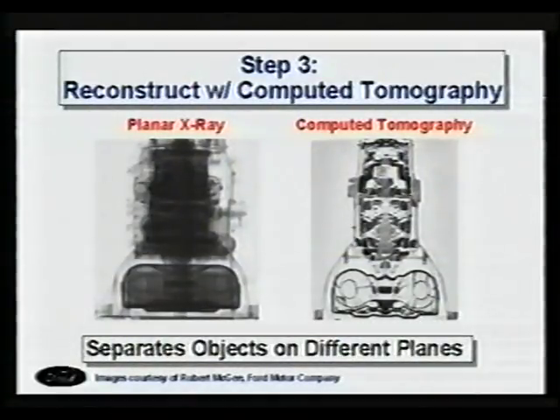Okay, now the third step is to take the data that we have acquired and to reconstruct it using computed tomography. What computed tomography does is it allows you to basically slice up an object mathematically. As an example, on the left-hand side here, I show an X-ray image of, it's not a medical object, it's actually an automotive transmission.